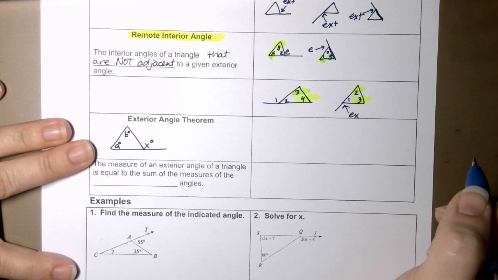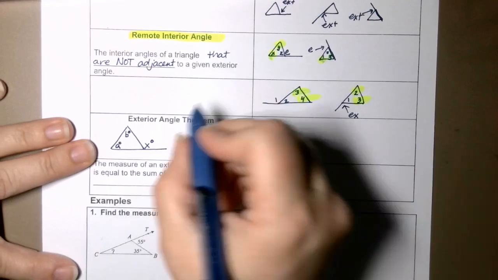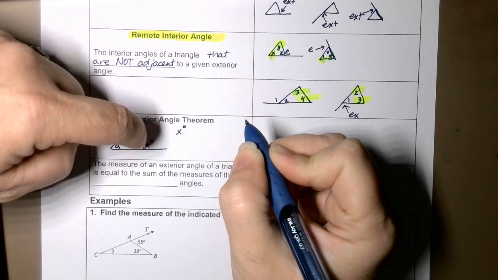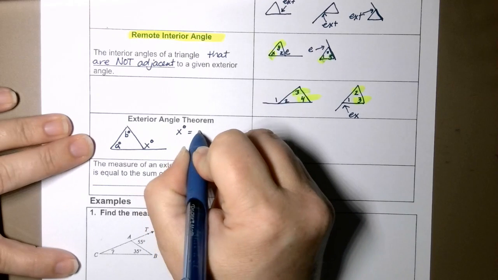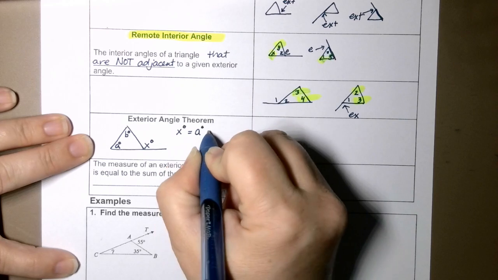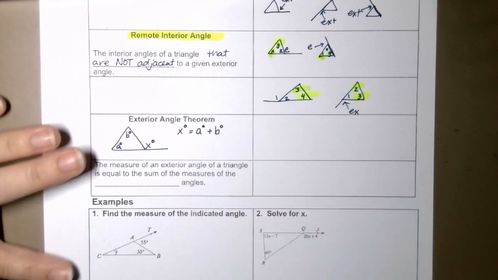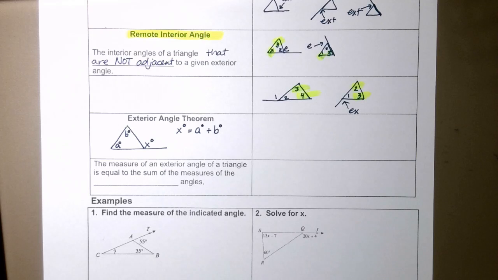And the exterior angle theorem says that X degrees, or the measure of that exterior angle, is equal to the sum of those interior remote angles. Okay?